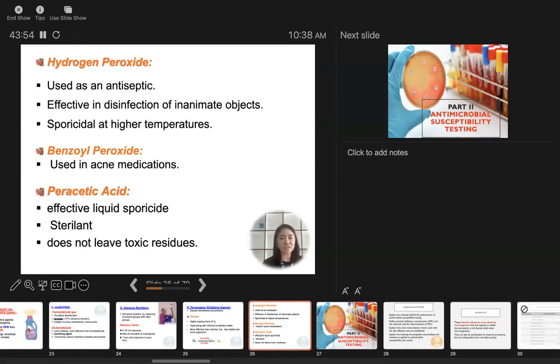This is effective also in disinfection of inanimate objects, and it is quite sporicidal also. Benzoyl peroxide is quite commonly used in acne medications. And then you have your peracetic acid, which is an effective liquid sporicide or sterilant. It does not leave toxic residues also.